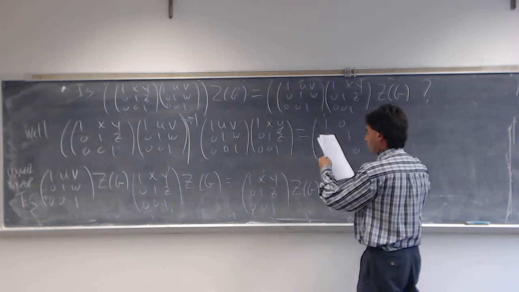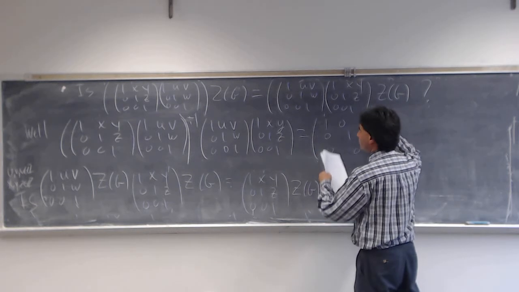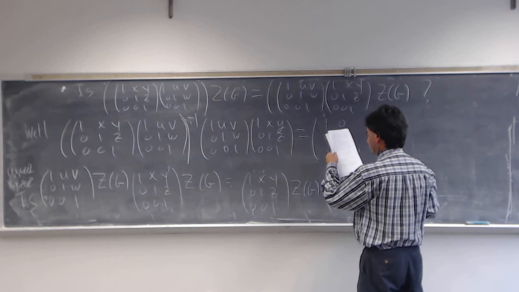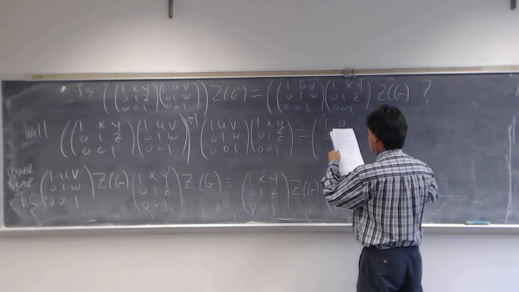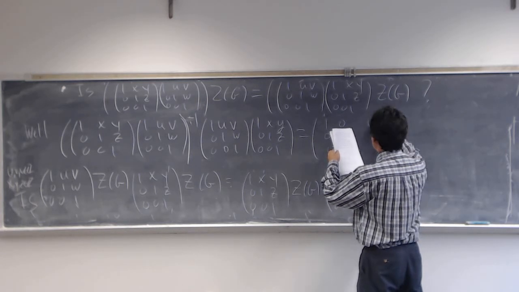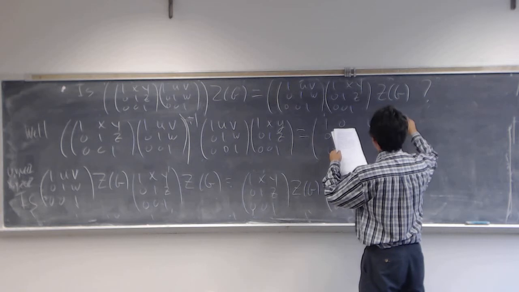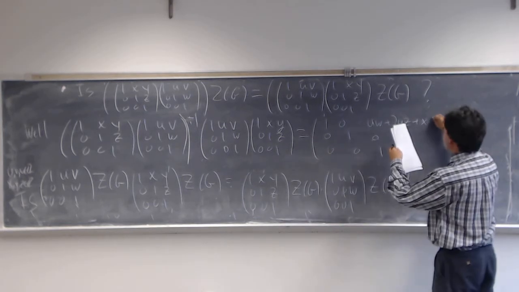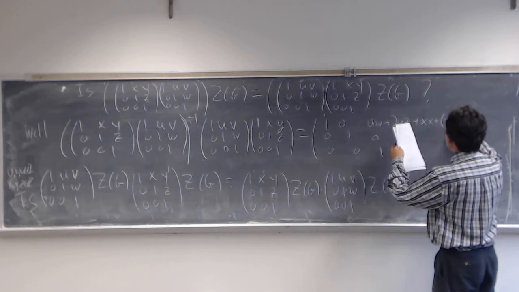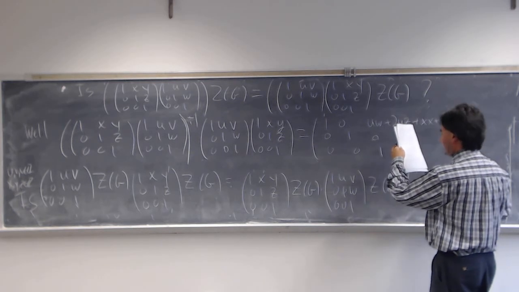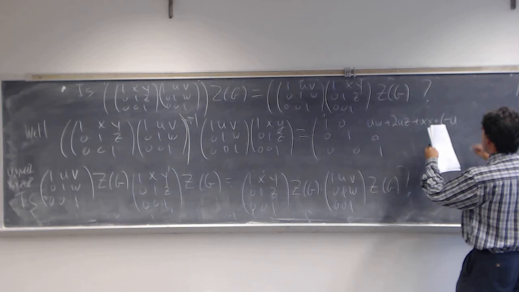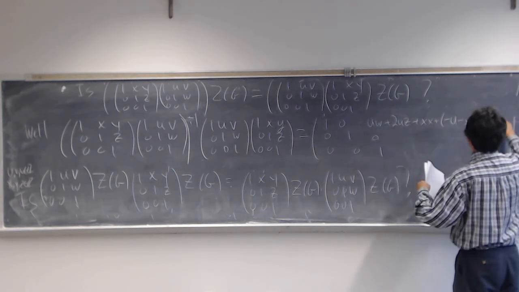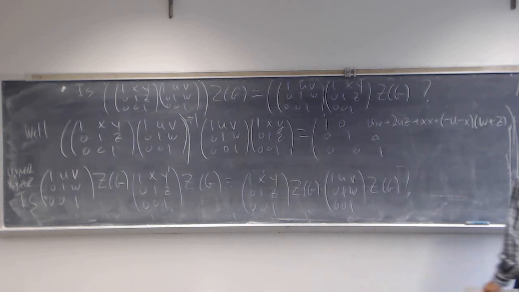I think if you're keeping score at home, this ends up being U or W plus 2UZ plus XZ plus minus X minus U minus X times W plus Z. You can actually even simplify that.